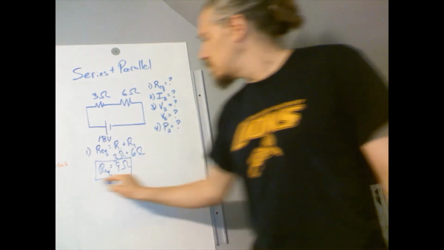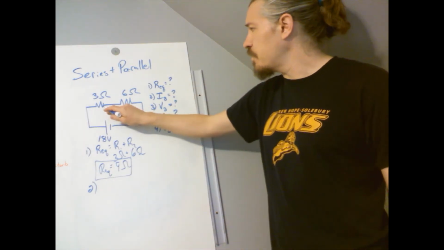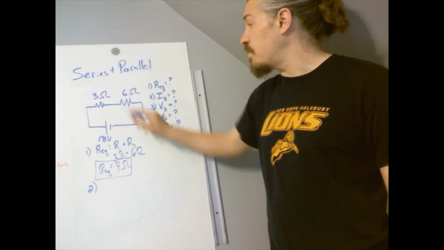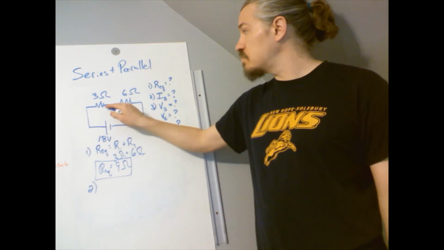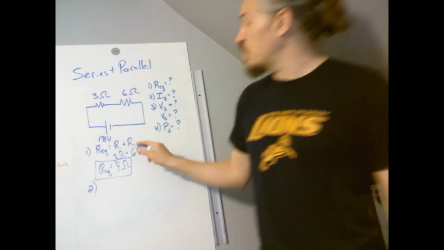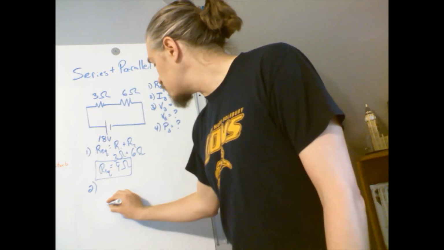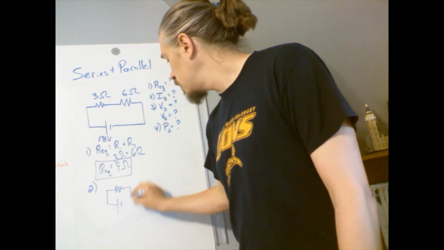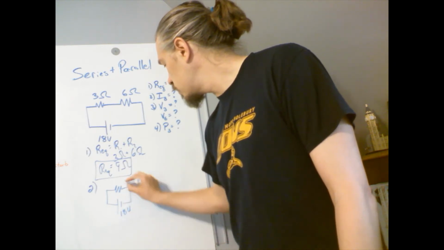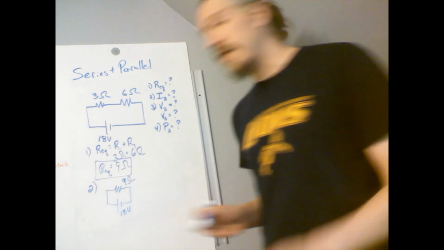Okay. What's the current through the 3 ohm resistor? This guy. Well, that's a tough problem. I can't say it's 18 volts divided by 3 ohms because the 18 volts isn't what I lose here. The 18 volts is what I lose over the equivalent resistor. Effectively, I can say I have a circuit that looks like that.